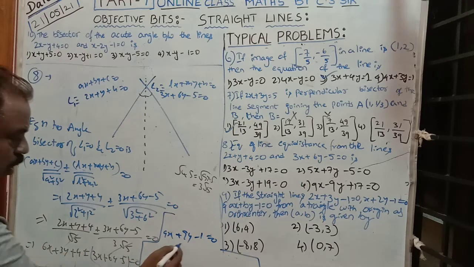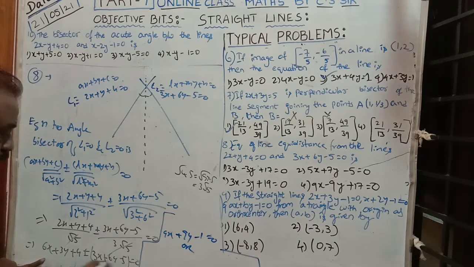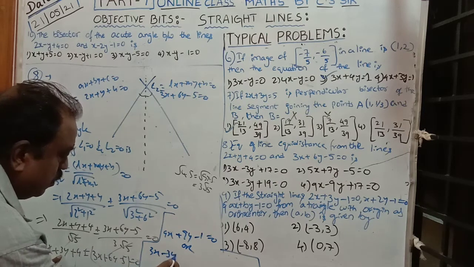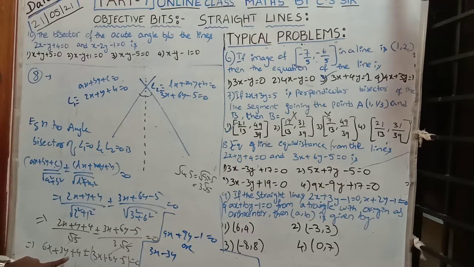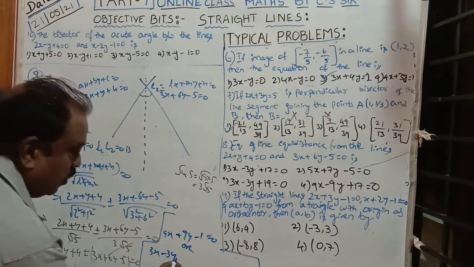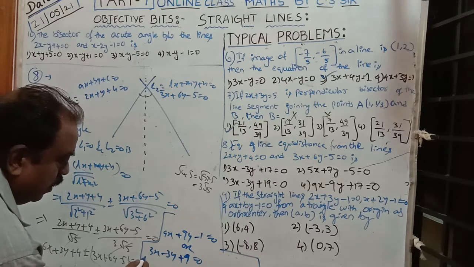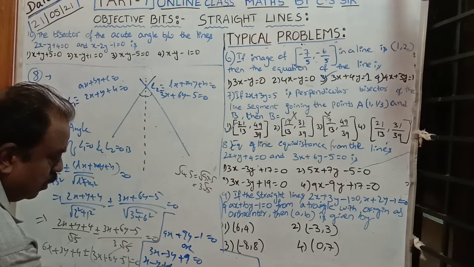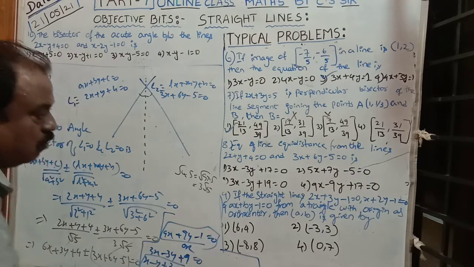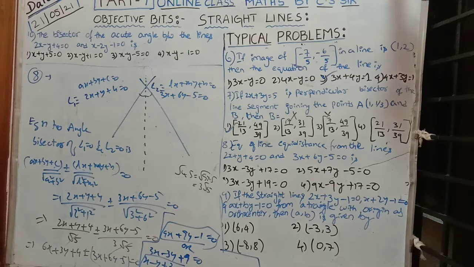Or otherwise, 6x minus 3x is 3x, 3y minus 6y is minus 3y, and 12 minus of minus 5 is plus 17. I think it may be x minus y plus 3 is equal to 0 or this one. You see which is there. I think I made some arithmetic mistake here.